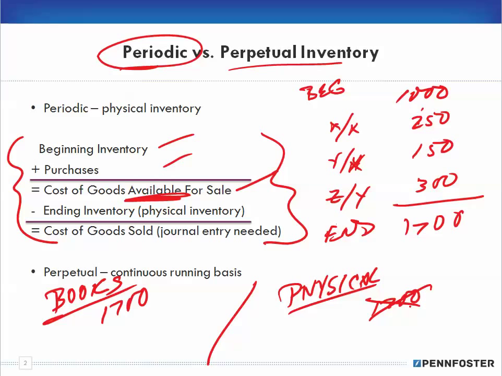I mean, think about it. Let's take the example of gallons of milk in a walk-in cooler. Maybe you start with 25 gallons in the cooler, and that means you have 25 gallons on your books.